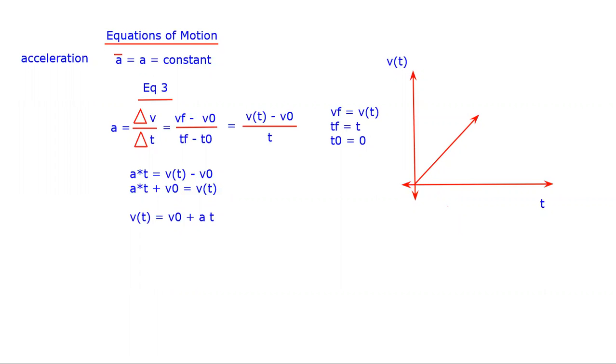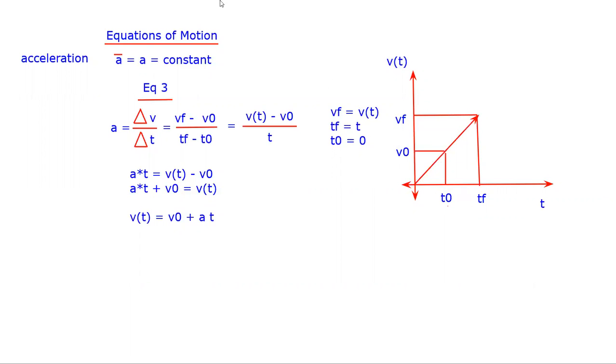So here we have, draw this out again, try to keep it fairly straight. Same type of deal. So this is going to be T0, T final. This is going to be V0, which is initial velocity, and final velocity.